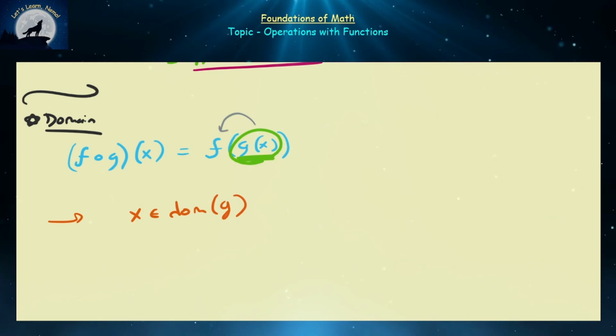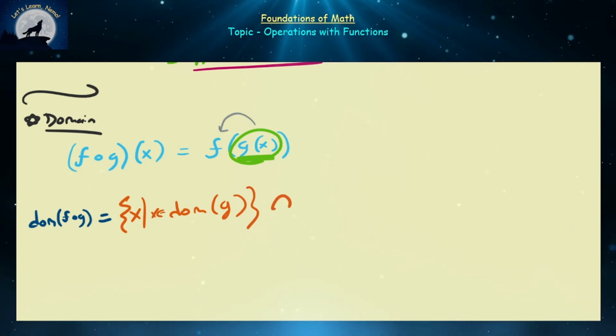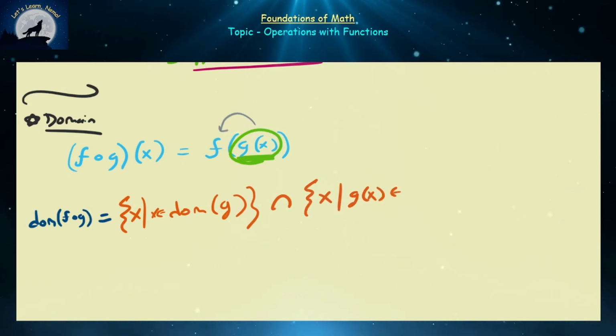So therefore, the domain of f composed with g is equal to the set of all x such that x belongs to the domain of g, and what else must be true? The set of all x such that g of x belongs to the domain of f. That would be the slightly complex domain of the composition of f and g.